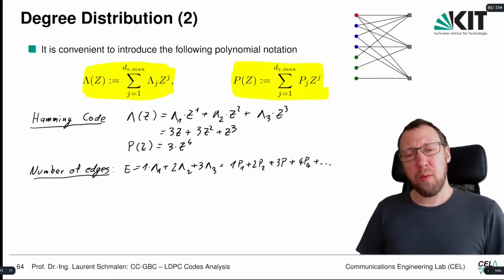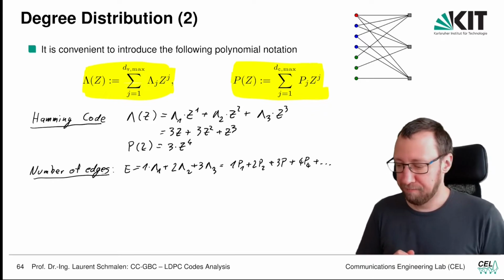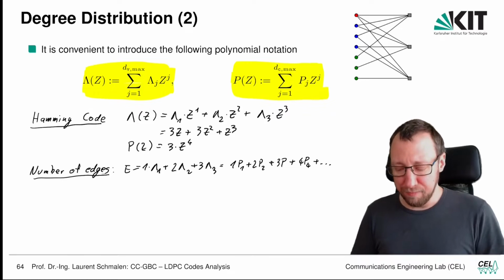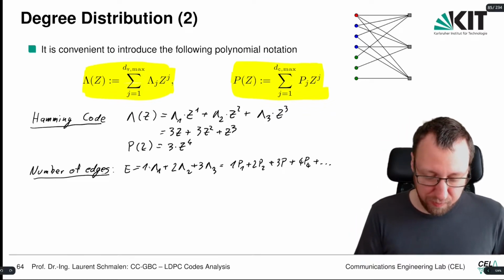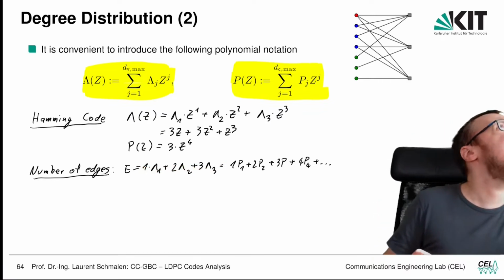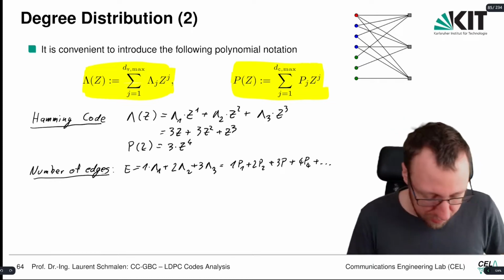So now we can express the number of edges also in terms of the polynomials. So this maybe looks already a little bit familiar, this expression. We relate this to a polynomial. So how can we relate this to the polynomial? We can do it the following way.